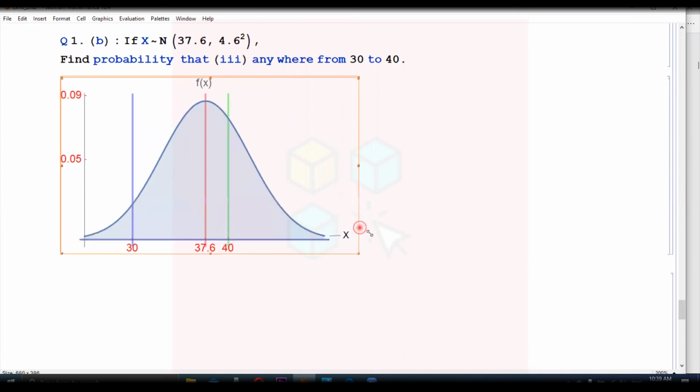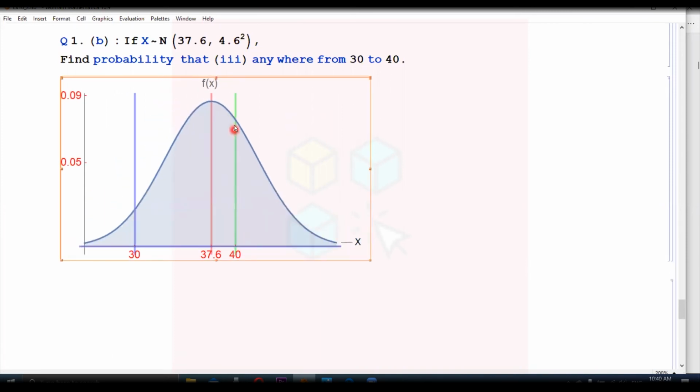So we will place a green line here, and 30 is less than 37.6, so it must be on the left side, with the purple line. So these are the two lines, 30 and 40, and between them is the area you have to find. We shade this total area.